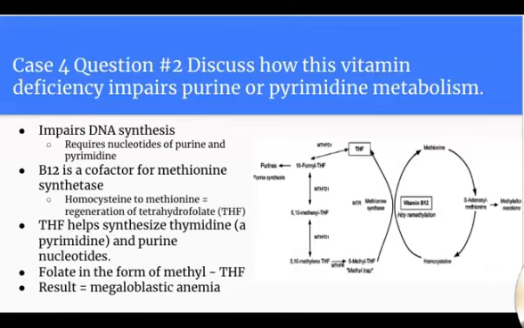THF is a key factor in the synthesis of thymidine, a pyrimidine, and purine nucleotides. In the case of a B12 deficiency, folate is trapped in the form of methyl THF. This leads to ineffective DNA synthesis. This ultimately results in the megaloblastic anemia that is present in patients with a B12 deficiency.